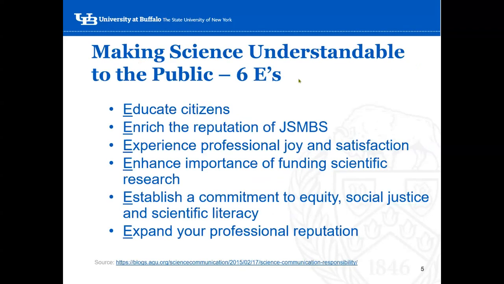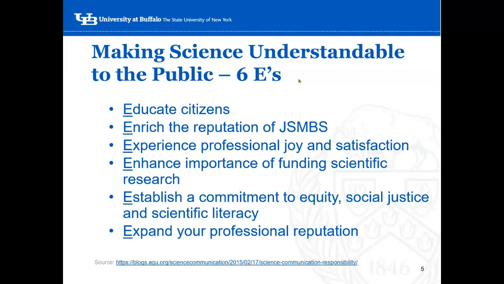How about the 6 E's of what we do to make science understandable to the general public? We educate citizens. We enrich the reputation of the Jacobs School through that process. We personally experience professional joy and satisfaction by sharing our expertise, our knowledge, our goals for science with people of our neighborhood, our relatives, our family.